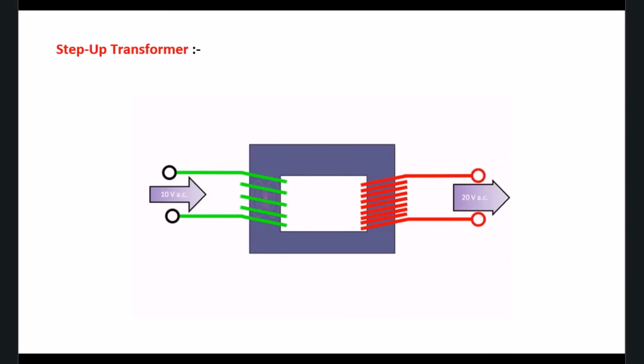So that's why you might have seen the big towers which have 6 to 8 cables transmitting the electricity.